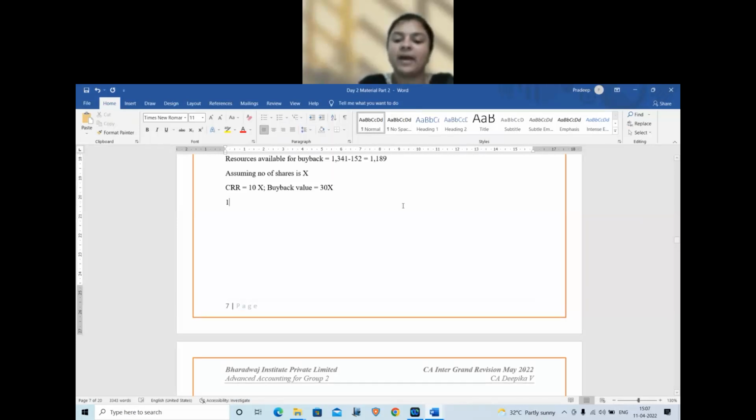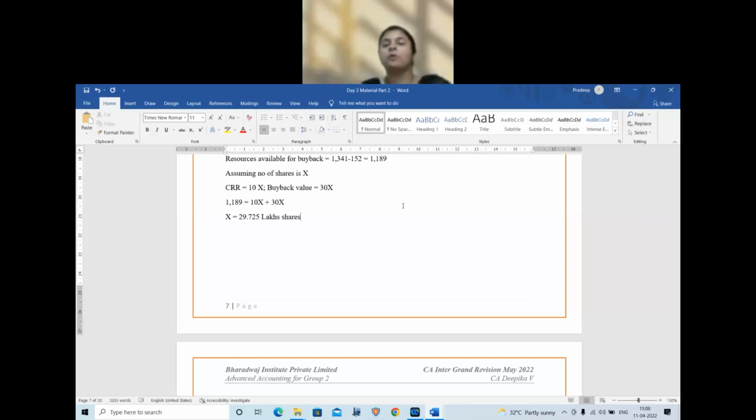Resources available for buyback 1189 is equal to 10x plus 30x, giving you 29.725 lakh shares.